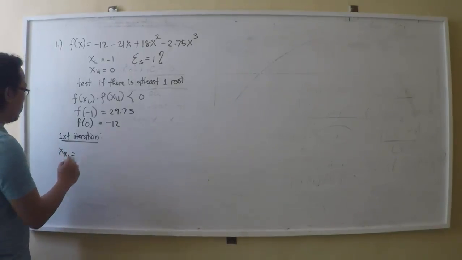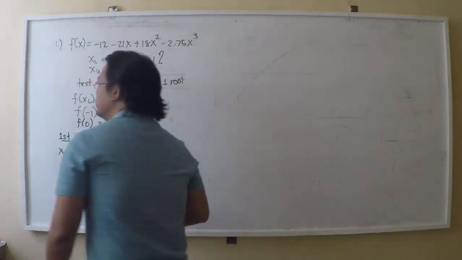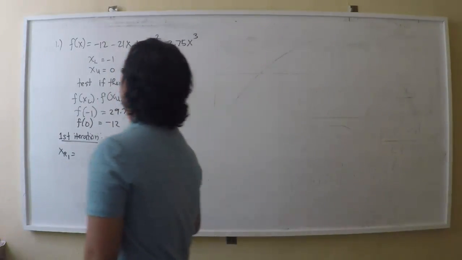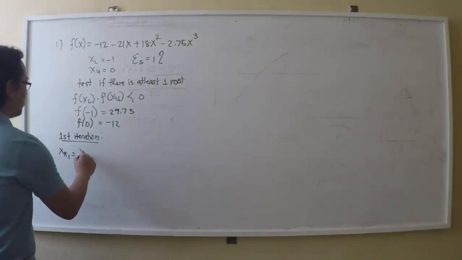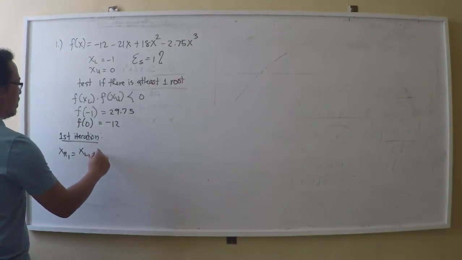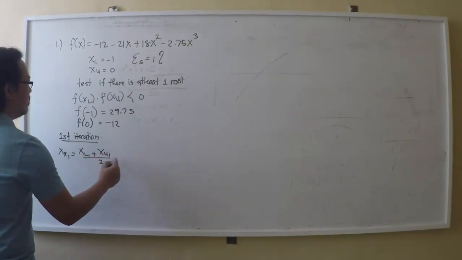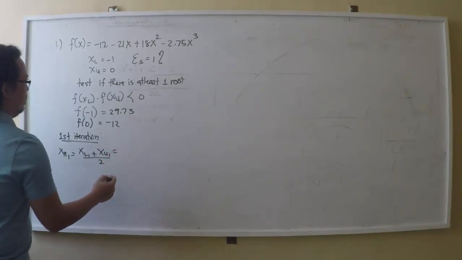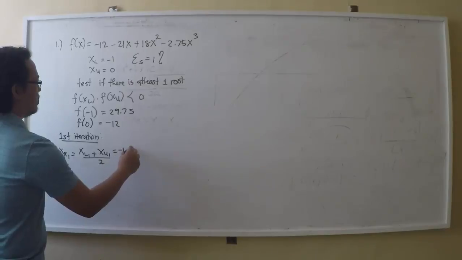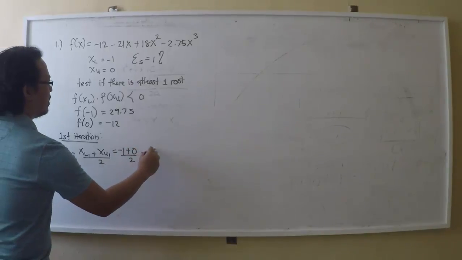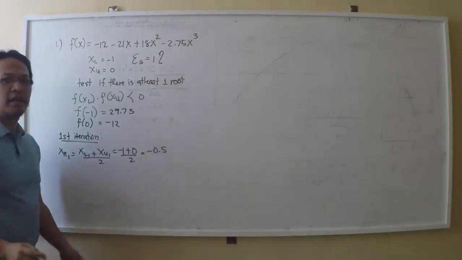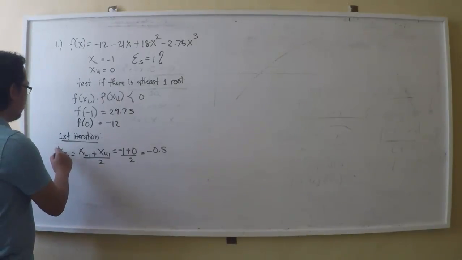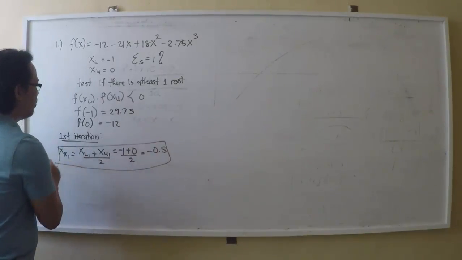XR1 is equal to XL plus XU over 2, so XL1 plus XU1 over 2, which is negative 1 plus 0 over 2, giving us negative 0.5. That is our first estimate of the root.